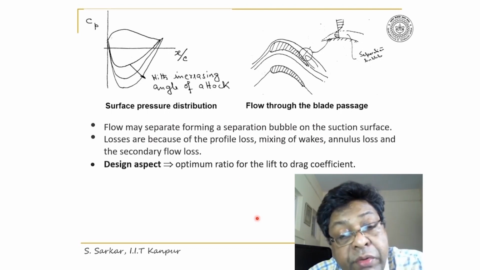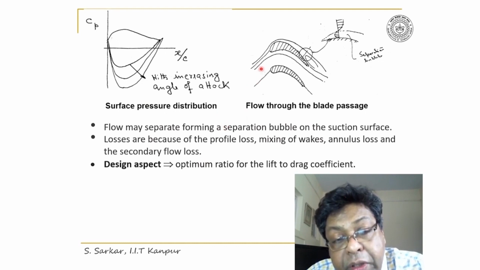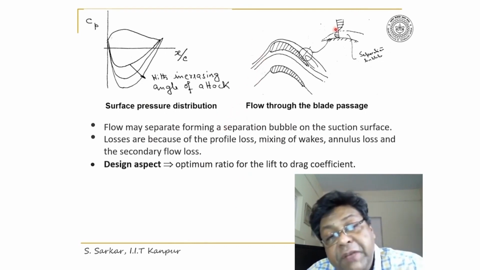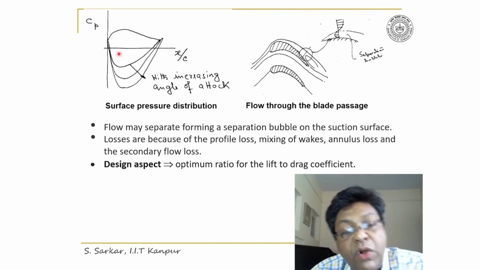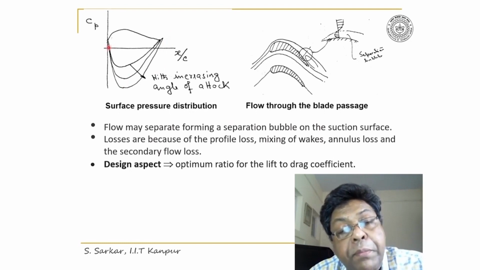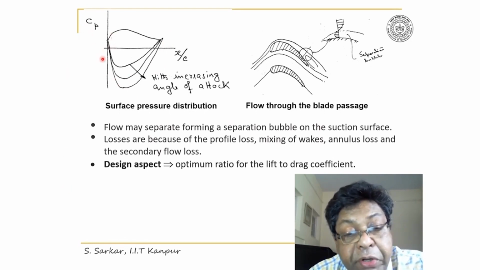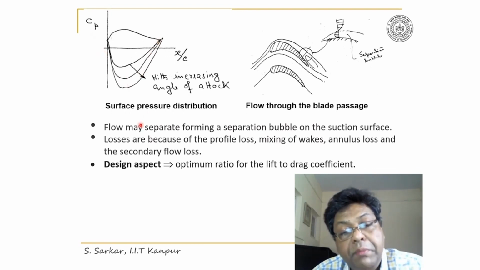And look, the angle of attack tells you the direction of the flow with respect to the blade. Now, if we increase the angle of attack, you can produce a higher adverse pressure gradient in the second half of the blade.